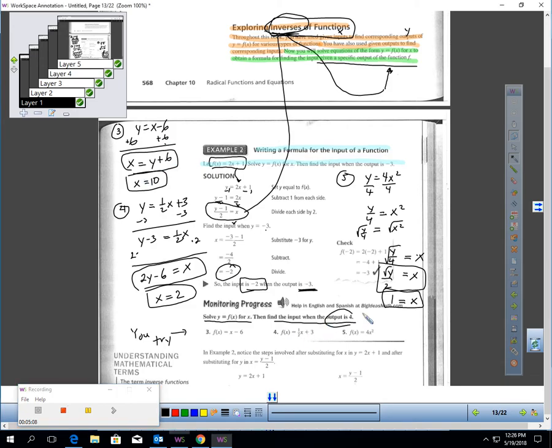I then plugged in 4 for y, and x must have been 10. And you can see my work here for 4. And there's my inverse equation and my answer for x when y is 4. And here was my number 5. If you have questions about those, make sure you ask about it in class.